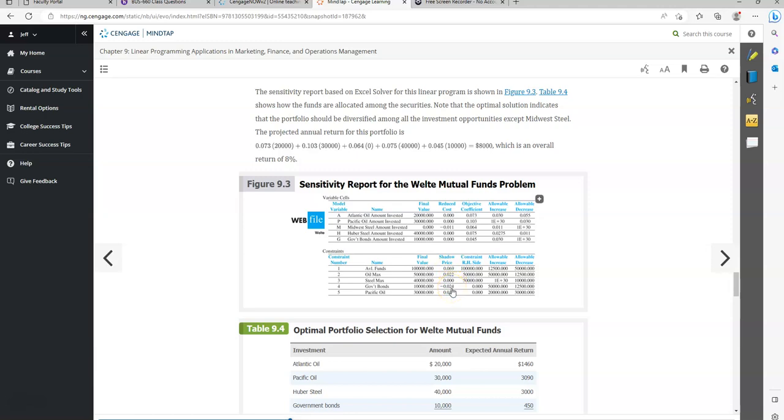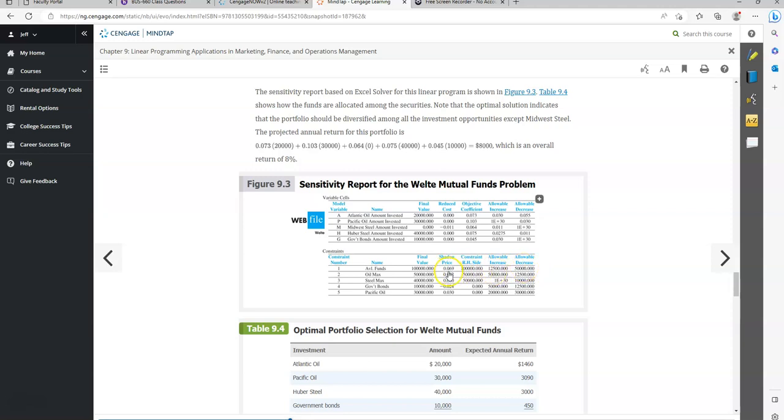Anything that has a non-zero shadow price means that you used up all the available funds in the investment. And then if you had more money, how much could you make, or how much would you lose, based on an additional dollar? As long as those dollars are within these bounds.